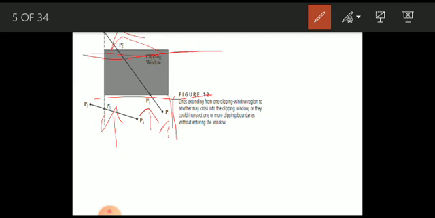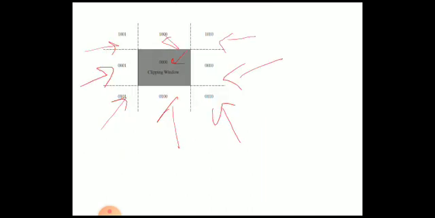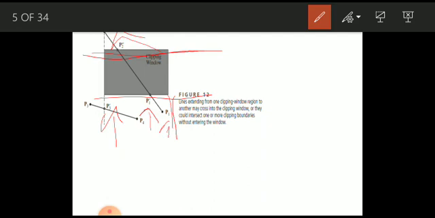Here there is a point that lies outside this top boundary, indicated by the point P2 dash, and hence we are supposed to find an intersection point with respect to the top boundary, which in this case is indicated with P2 double dash. Okay.